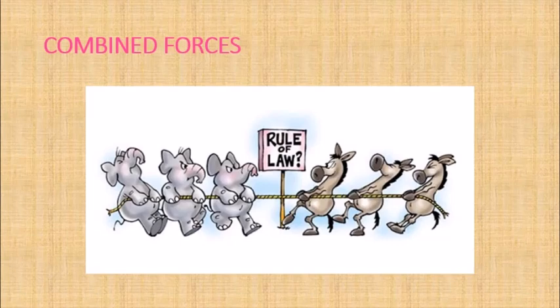Even when you ride a bicycle, different types of forces are acting on it. Your muscular force is used, then frictional force is there, mechanical force is there. So when two or three types of force act on an object, that is called the combined force.